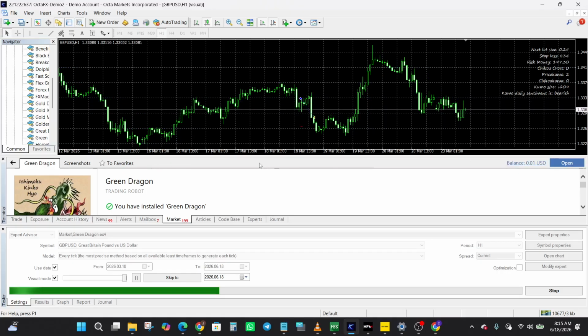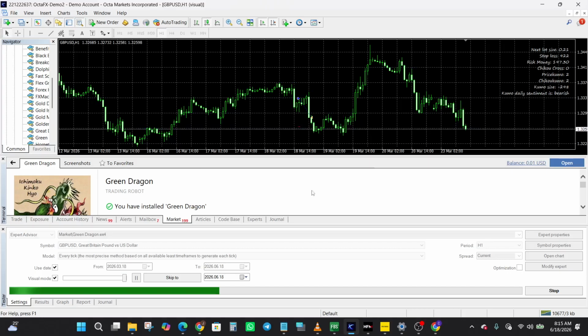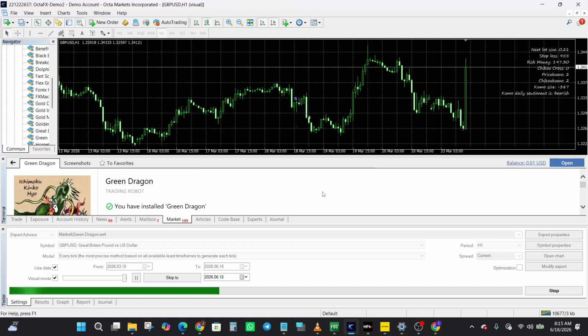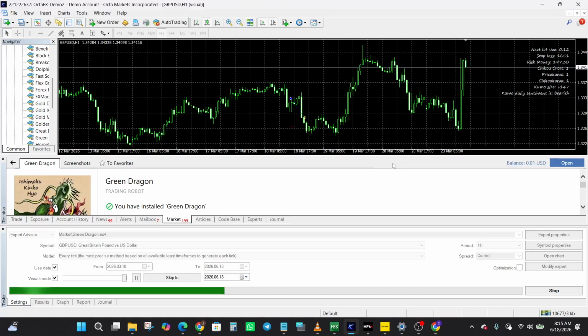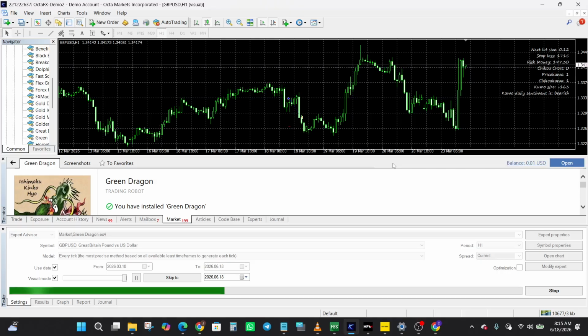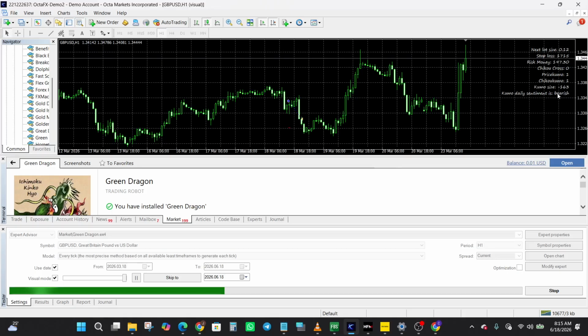So overall, the Green Dragon EA offers a focused MT4 implementation of a classic Ichimoku-based strategy with clearly defined entry rules, exit conditions, ATR-based position sizing, and a configurable Kumo filter. Before considering live trading, it is always worth conducting your own testing and optimization to determine whether the approach fits your objectives and risk tolerance.